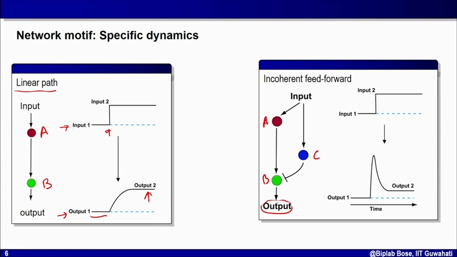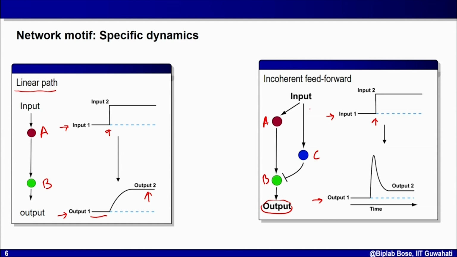Again, if I have kept the input at input 1, a lower value, suppose I get an output 1. Now all of a sudden, if you increase the input to input 2, what will happen? Without going into our model, if I look into the structure of the network, I can easily, intuitively guess what can happen here. As you increase input, input goes through A to B and output should increase.